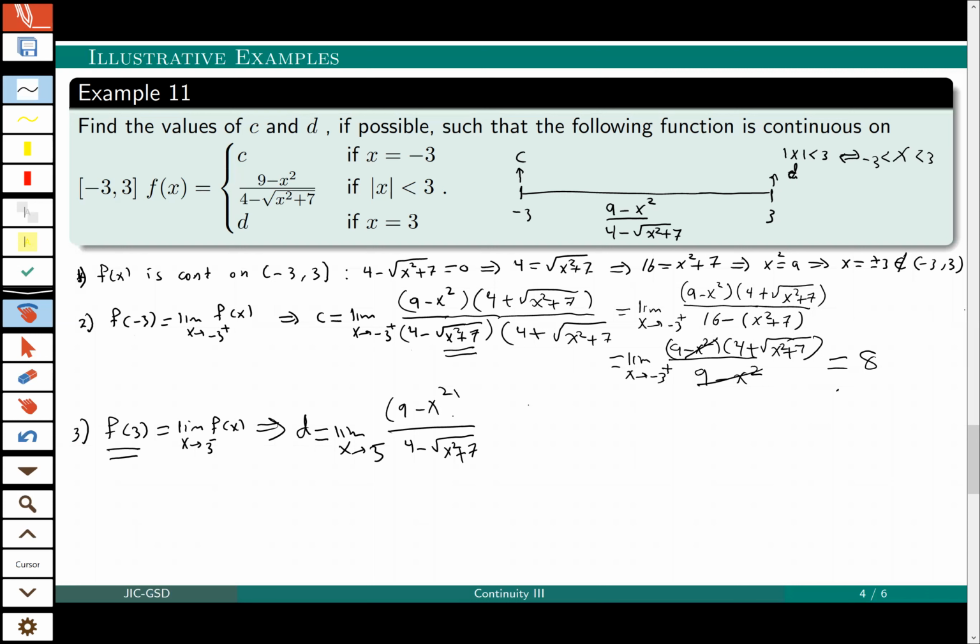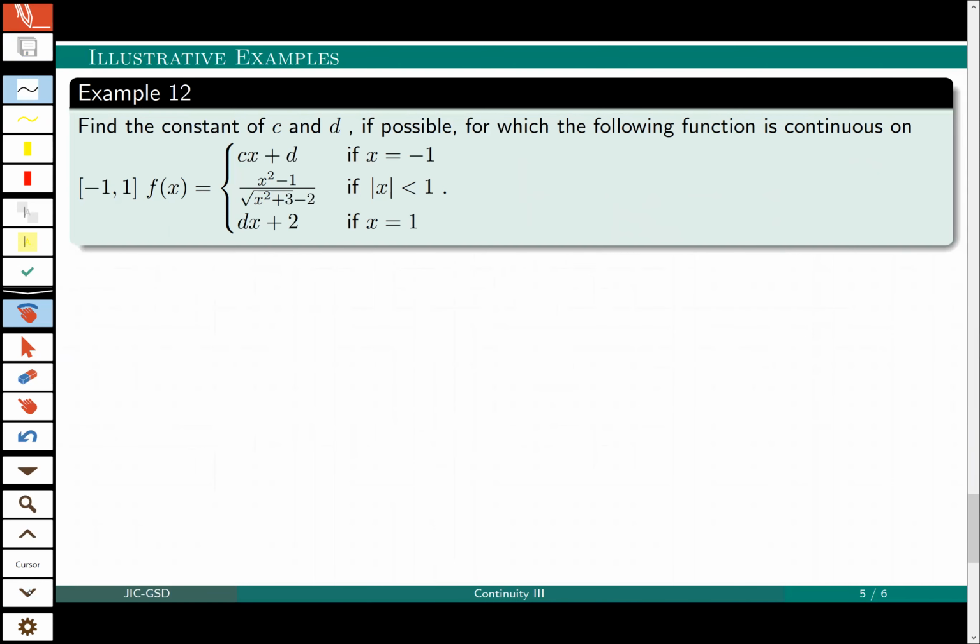If we multiply by the conjugate, 4 plus root x squared plus 7, top and bottom, doing the same calculation we also get 8, because multiplying by the same conjugate gives the same cancellation, and the same answer as a consequence.